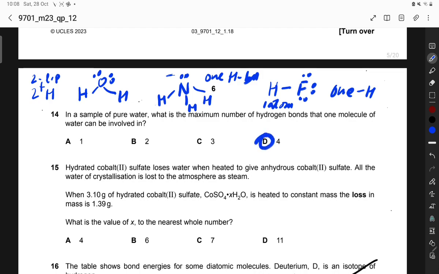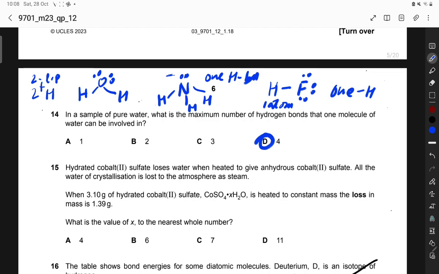So if lone pair and hydrogen atoms are equal, so this will be total, and we have 4 hydrogen bonds in water molecule as compared to ammonia. Ammonia has 1 lone pair, 1 hydrogen bond, while fluorine has 1 hydrogen atom. So this hydrogen atom is less, so lesser quantity determines the hydrogen bond.